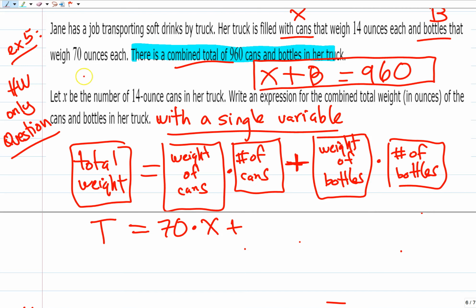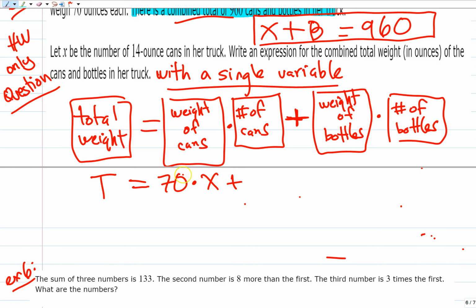Uh-oh, we messed up. The cans weighed 14 and the bottles weighed 70. So we messed up on that. The weight of the cans was not 70, it was what? Plus, the weight of the bottles was 70 times B.